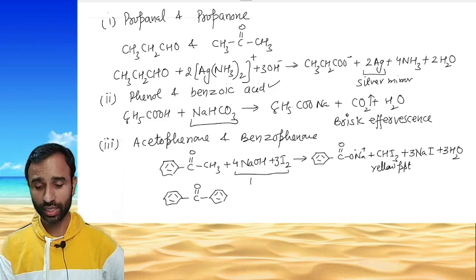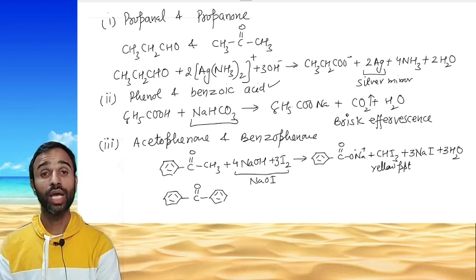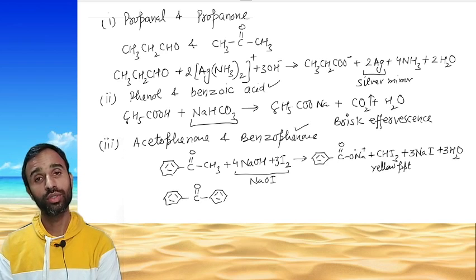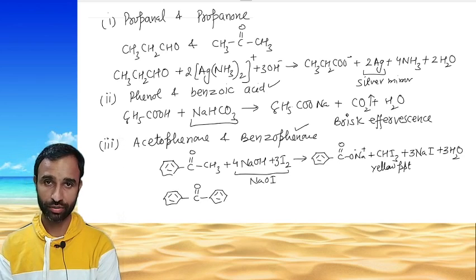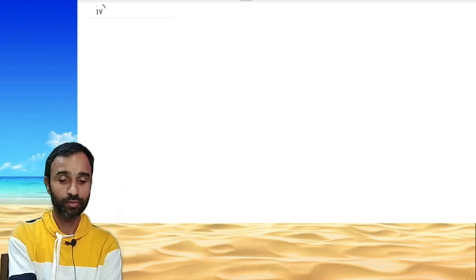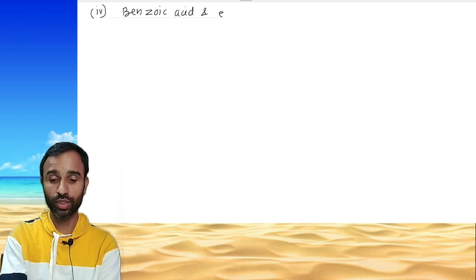You can write it simply as NaOI. So this is the test to distinguish acetophenone and benzophenone. Benzophenone does not give this test. Done. Next one. Next is benzoic acid and ethyl benzoate.